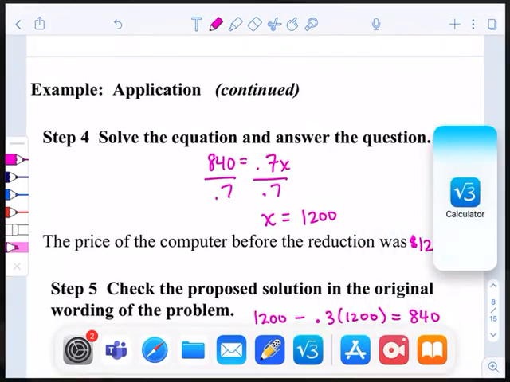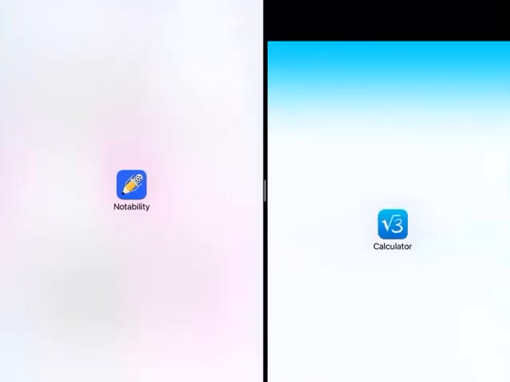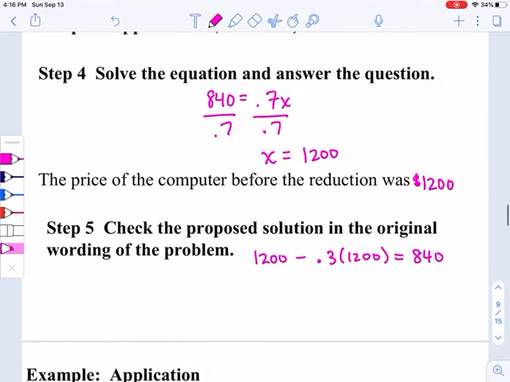So let's see, I'll do a quick calculation. If I were to take 1,200 and subtract 0.3 multiplied by 1,200, $840. Looks good to me. So that ends up working out to $840 is equal to $840.